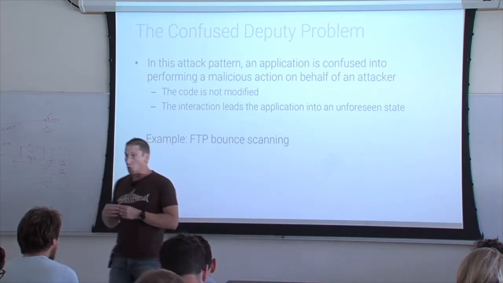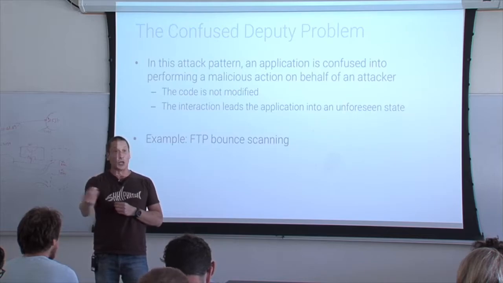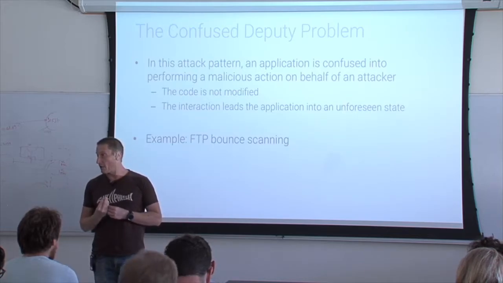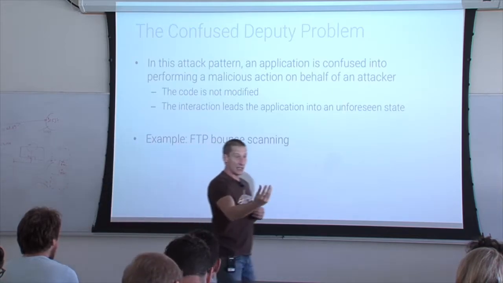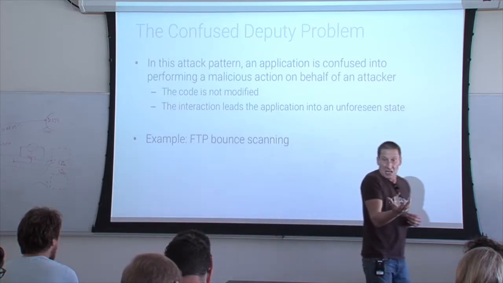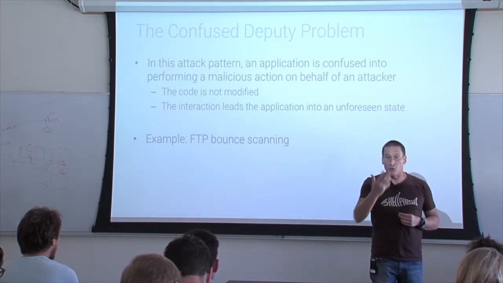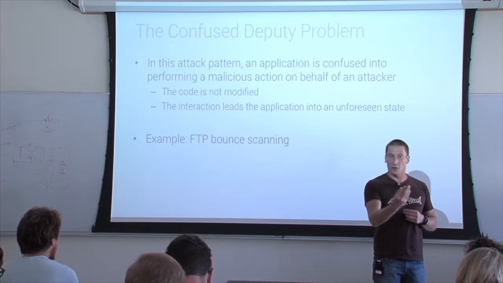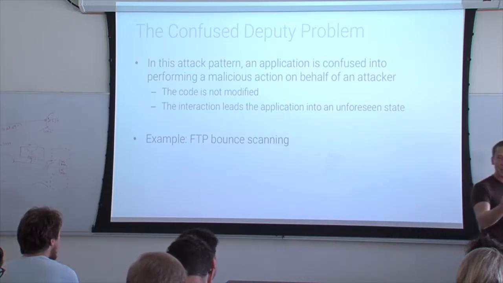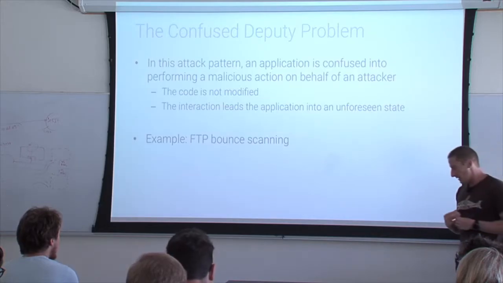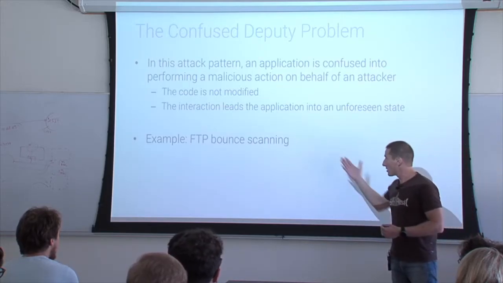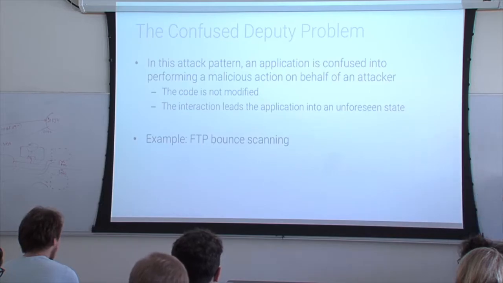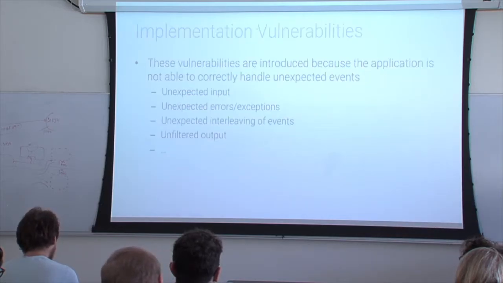In a way, you're deputizing the FTP server to do the scanning on your behalf. You have a deputy that does something for you, playing the protocol. You're not breaking the security of anything, you're just exploiting his availability and his desire to play around the rules in order to do something like bypassing a firewall.